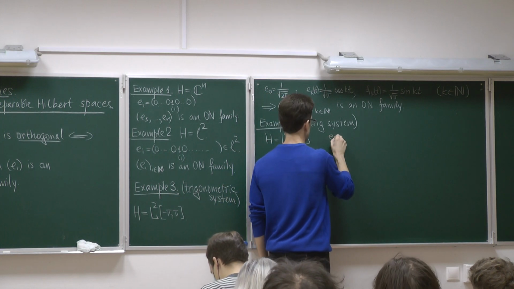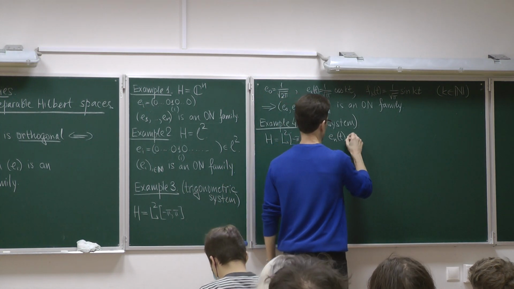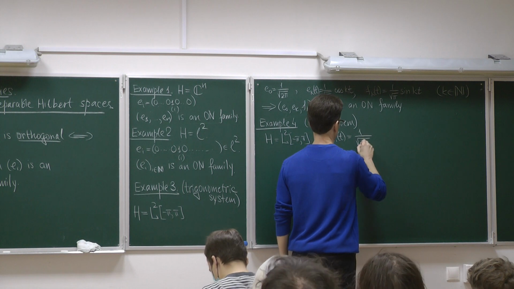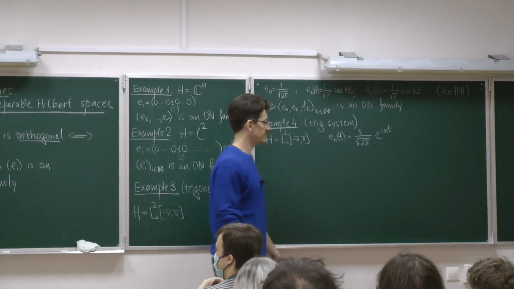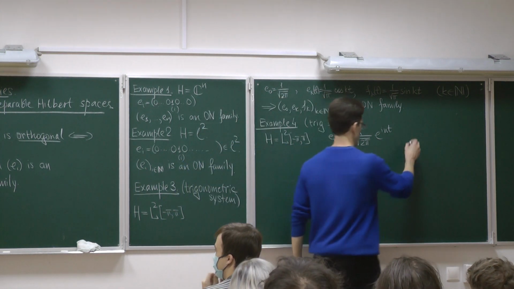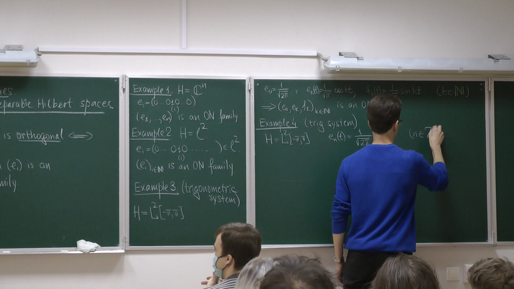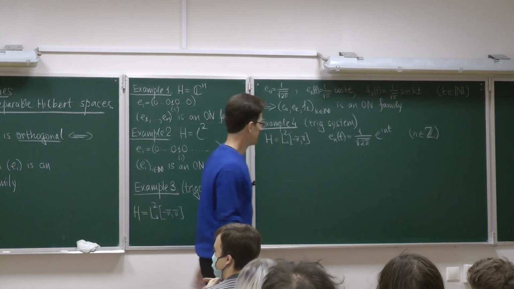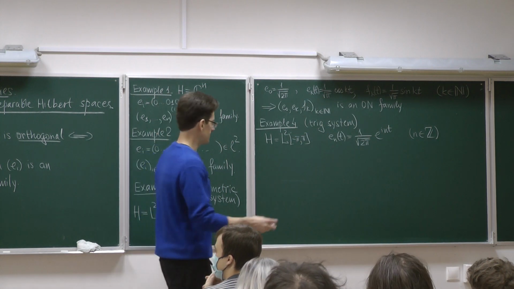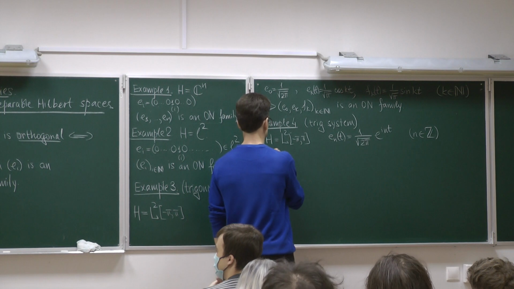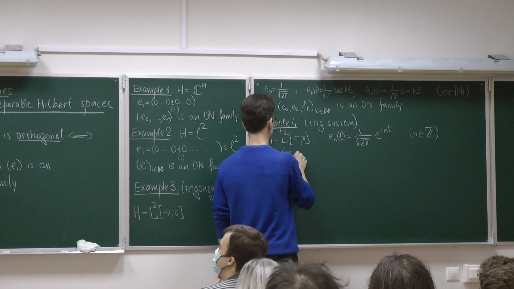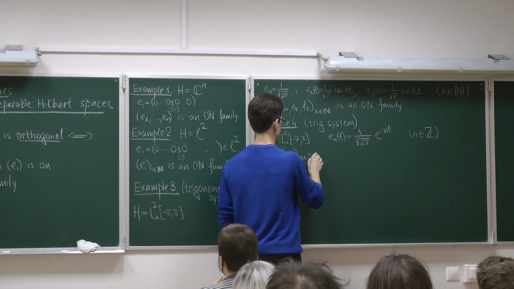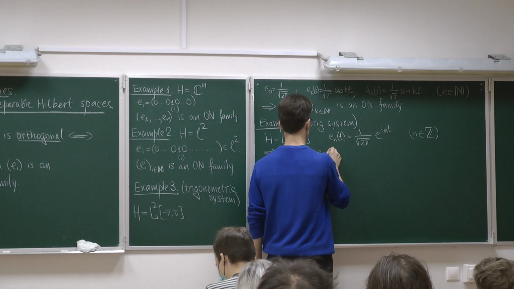And we denote by En of t the following exponent. Here, n can be any integer. Again, it's very easy to calculate that the resulting family is orthonormal. En is an orthonormal family.